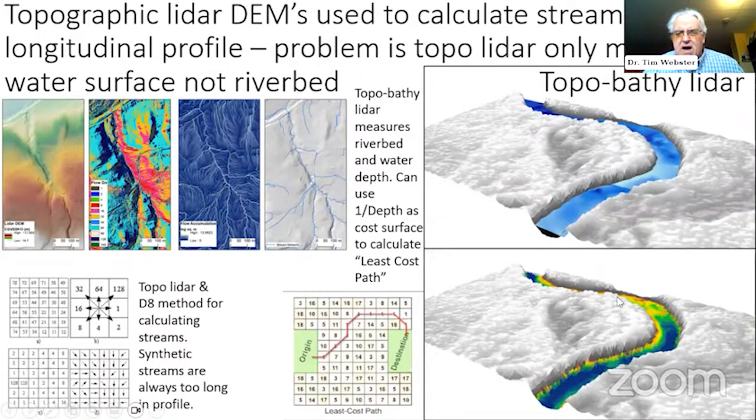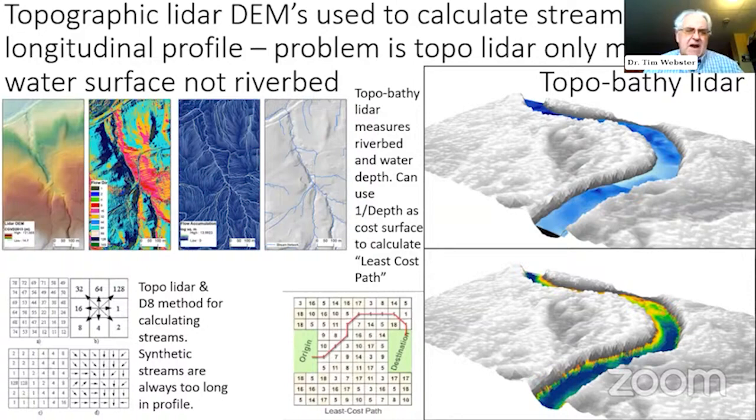So we can see these shallow spots here just before we make this meander and the deeper thalweg. We're using the least cost approach in order to trace the path of the river itself using the inverse of the depth. So 1 over depth, and we give a start point and an end point, and the least cost algorithm figures out the best path for us.